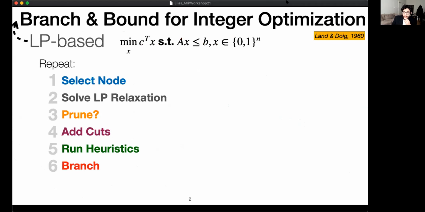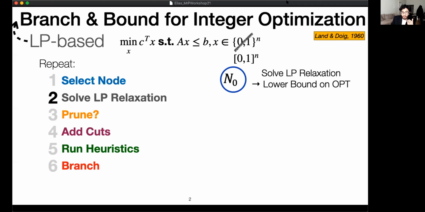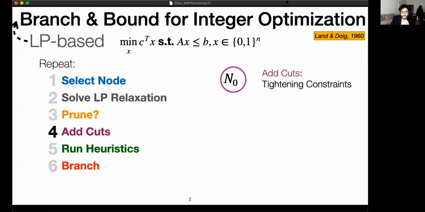As with many of the talks, we'll be operating within the branch and bound scheme for integer programming. Without going into too many details, there are only a few that I'm going to highlight that are relevant to this talk. Typical steps are selecting a node, solving its linear programming relaxation, which gives us a lower bound for the minimization problem, deciding whether we should prune that node based on the bound if we have an existing integer solution or upper cutoff, maybe adding some cuts.